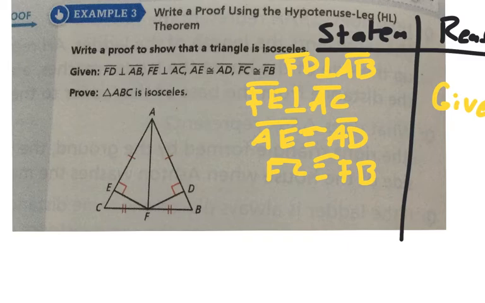I see that from here to here and here to here, from A to D and A to E are the same. So I need to find that these little pieces also are the same. Because if the little piece is the same and the bigger piece is the same, then the entire sides are the same. So that's what I'm trying to look for.